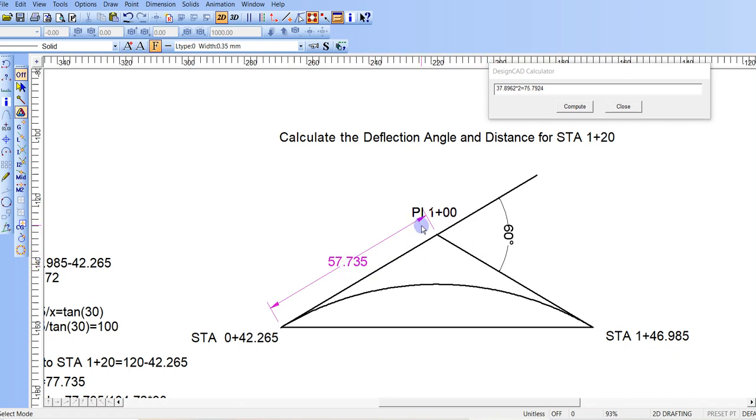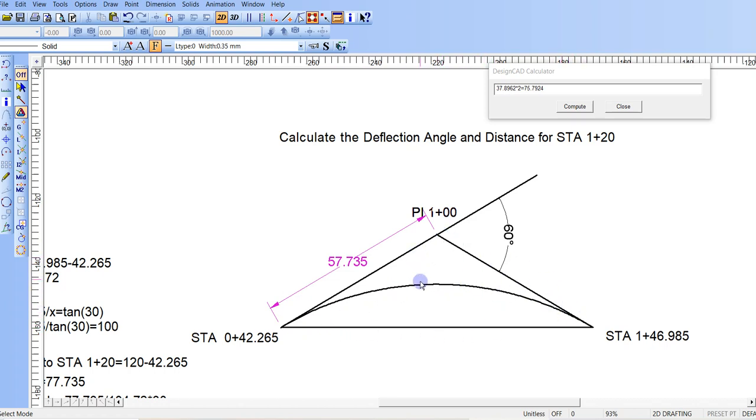So the station from the PI to the point of beginning of curve, BC, will be the distance here, right? So 100 minus that gives you the station here, BC. And then the end of curve is the length of this, so it's not 100 plus this tangent, it's the length of the curve.